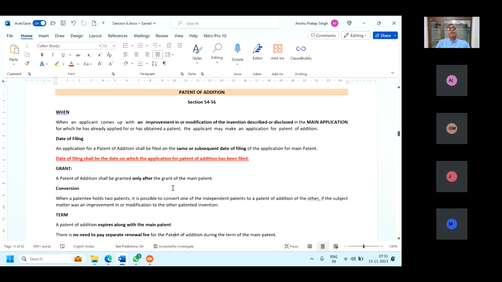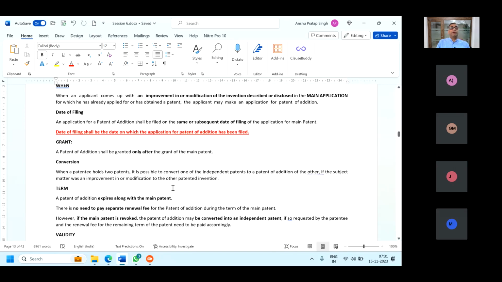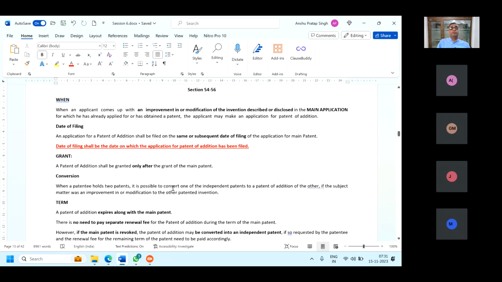So you can remember 55: there was an existing 5, and then you went for another addition of 5, that is 55. So prior or later, both sections deal with the patent of addition. So 54 to 56 deals with the patent of addition. You can make this kind of correlation or connection here also.